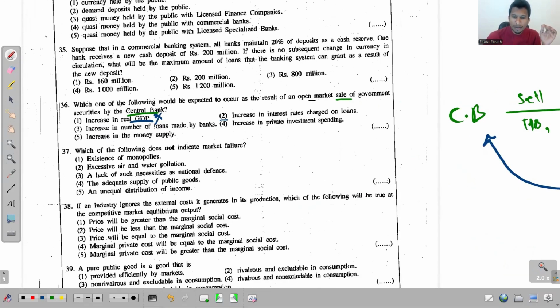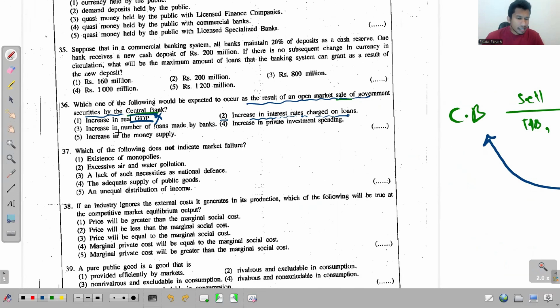Second one says, as a result of an open market sale of government securities by the central bank, increase in interest rates charged on loans, 100% true. And this will happen, right? The banks will have to increase the interest that they charge on loans. The third one says increase in the number of loans made by banks.